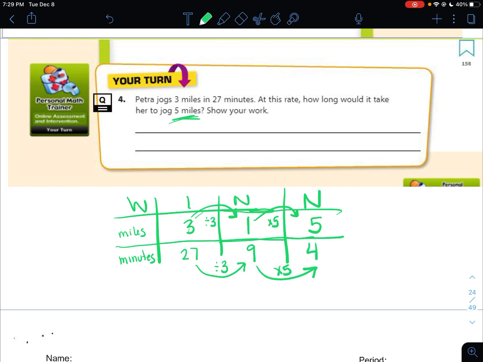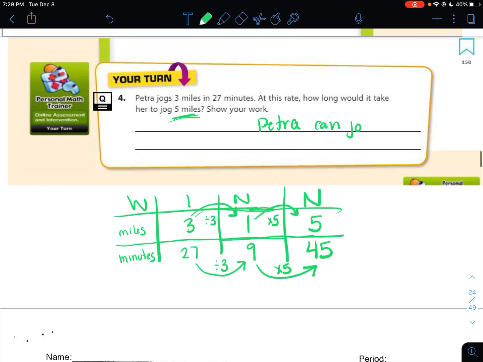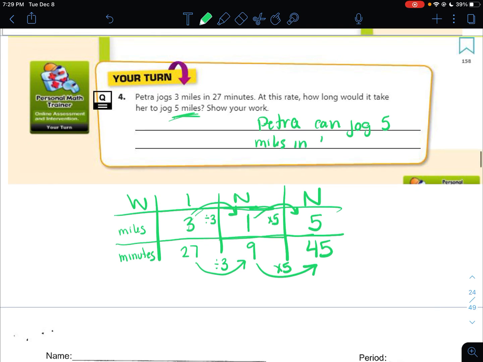And then 9 times 5 is 45. Okay, so right there is an example of why the unit rate is so important, because it helps it easily go in. So right now I know that Petra can jog 5 miles in 45 minutes.